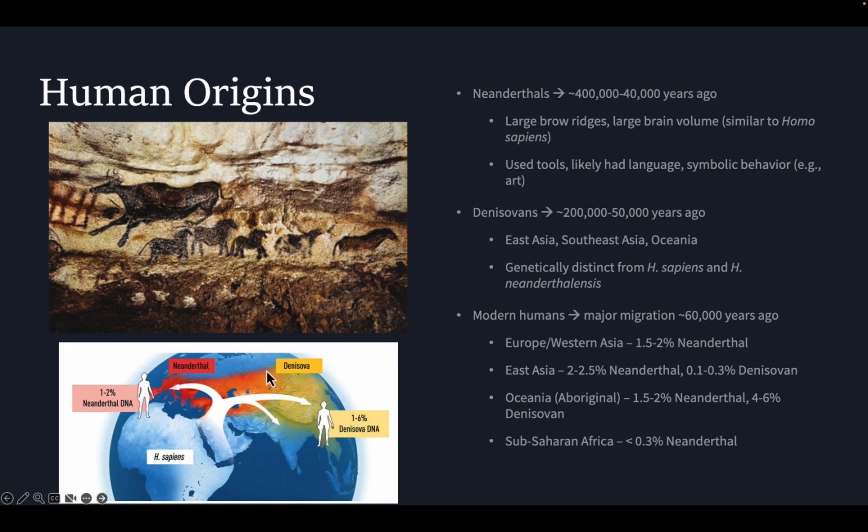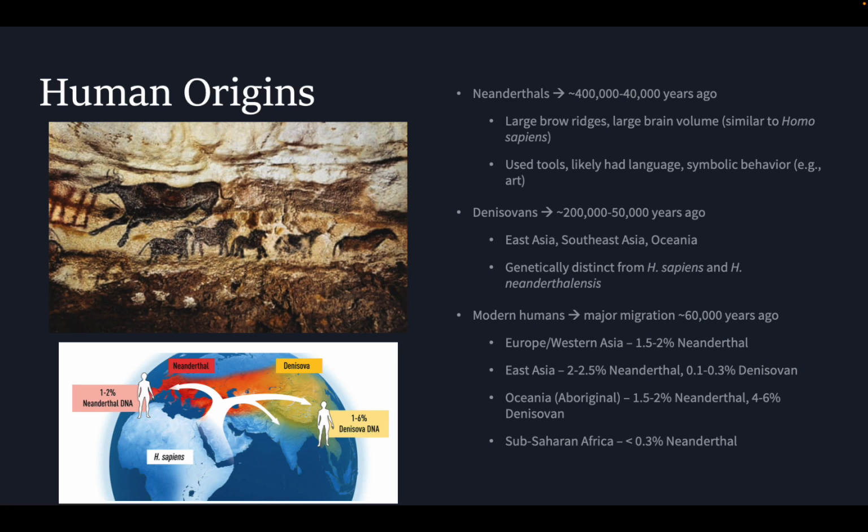And we start to see this Denisovan DNA appear in the genome, but not a ton. As we get farther away from this kind of hybrid zone where you have Neanderthal and Denisovan and Homo sapiens, like right in here, as you start to get farther away, we actually start to see higher percentages of Denisovan DNA.